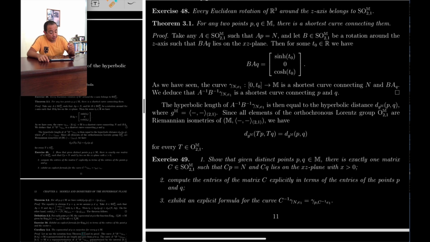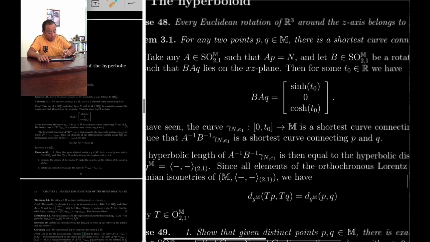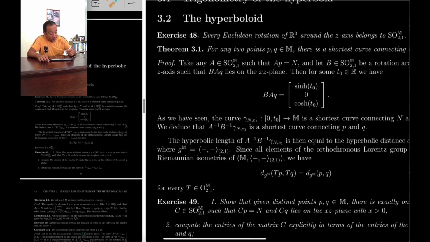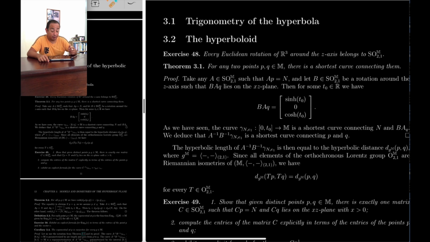Now we already saw that the curve that starts at n with the initial velocity vector 1, 0, 0, is a shortest curve connecting n to this point. And actually we saw that it's parameterized by arc length.